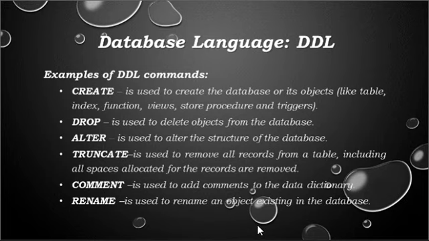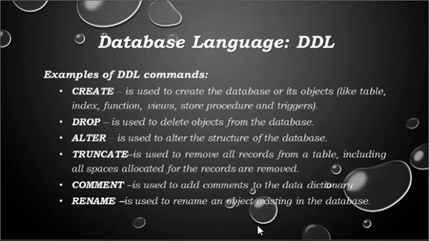Now, one is the truncate command. It is used to remove all the records from a table, including all the spaces allocated for the records. Now, what does the truncate command do? The truncate command deletes all the information inside your table. It will not delete your table, but it will delete all the records from the table.